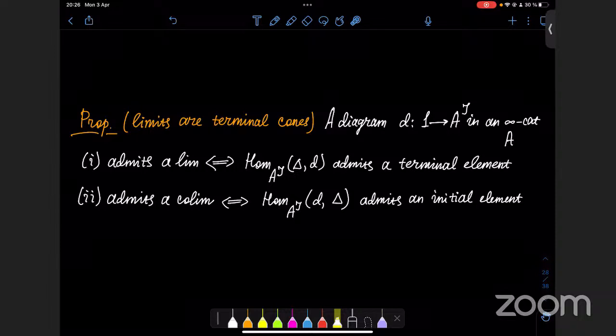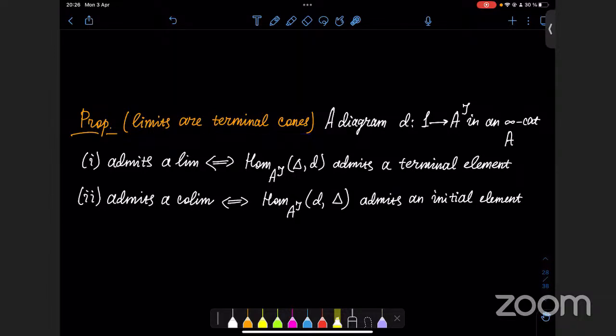The following proposition says that limits are terminal points. You can characterize this property of limits, and give another definition of limits and colimits, just as in the usual case.